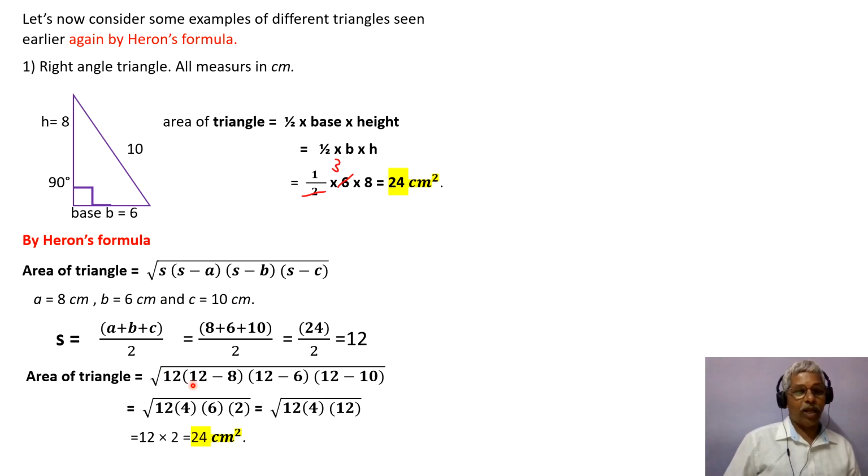So this is 12, this is 4, this is 6, and this is 2. So 12 into 4 into 12, so 12 will come out, and this is 2. Root 12 into root 12 is 12, and root 4 is 2. So 12 into 2 is 24 centimeters square, the same, which is what we are trying to compare.